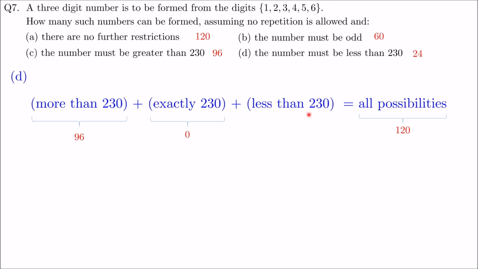So what you're after can easily be discovered through a simple subtraction. You don't even need to work this out directly. Just look at this as an overall equation. If you want this term, all you have to do is take the 120, all possibilities, and subtract off this scenario. So what we want is the grand total minus more than 230, and there are 96 ways of doing that. And of course, we arrive at the same answer.